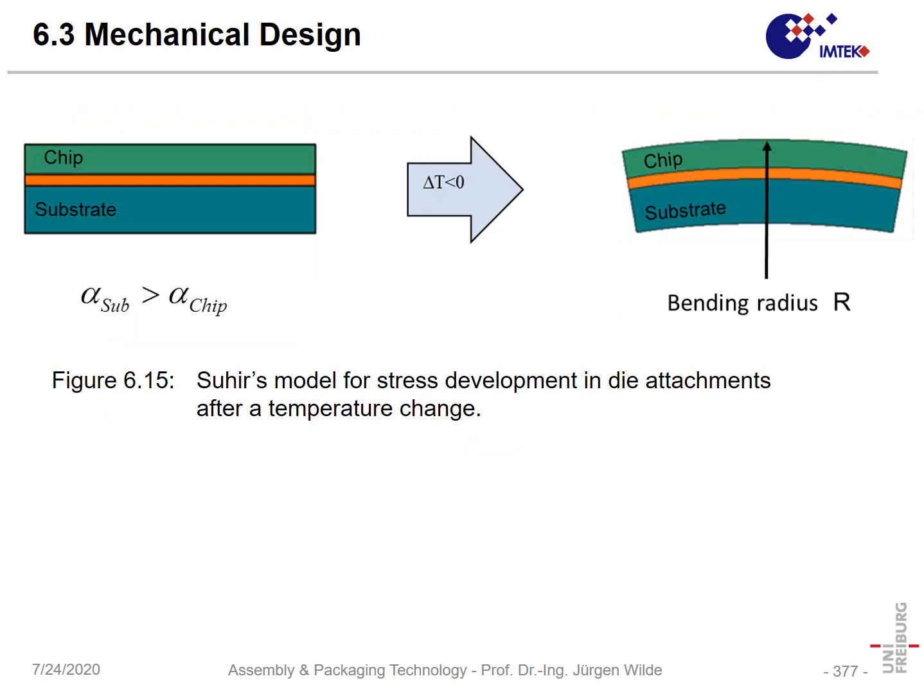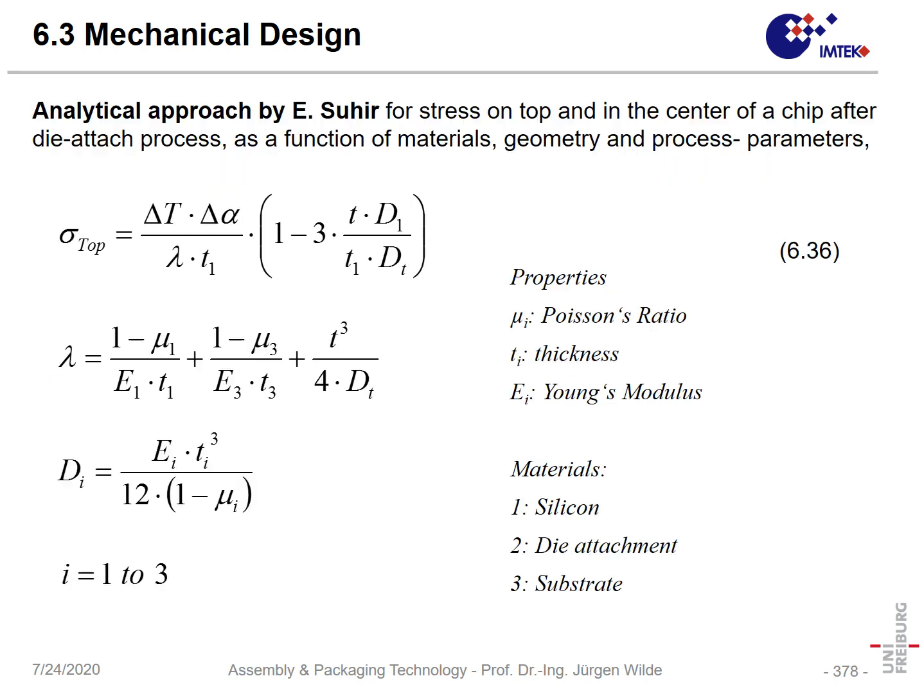In fact, we must say such cases where we have a chip on a substrate, or when we have even more layers, have been modeled quite frequently. So that's one of the, let's say, standard exercises for mechanical engineers in assembly and packaging.